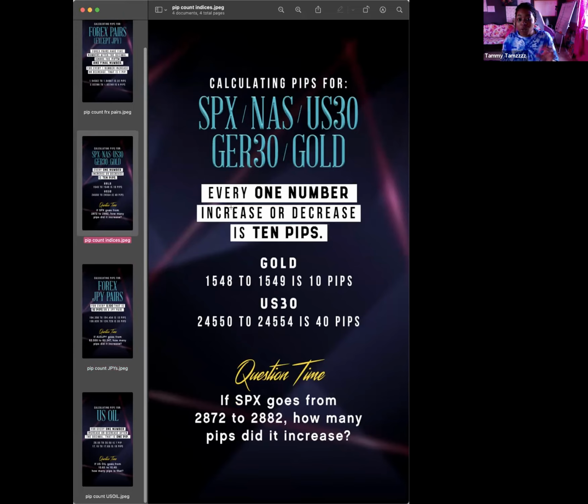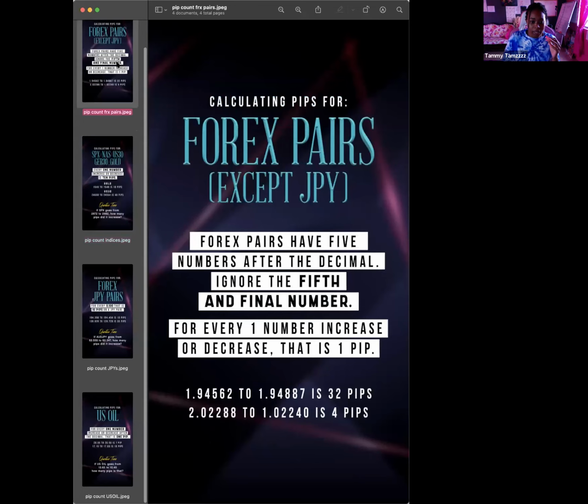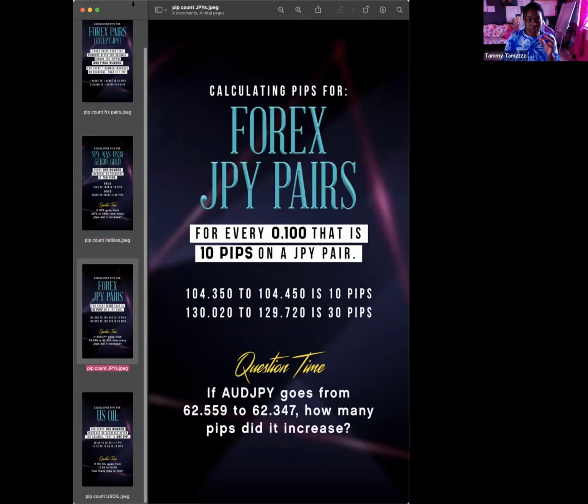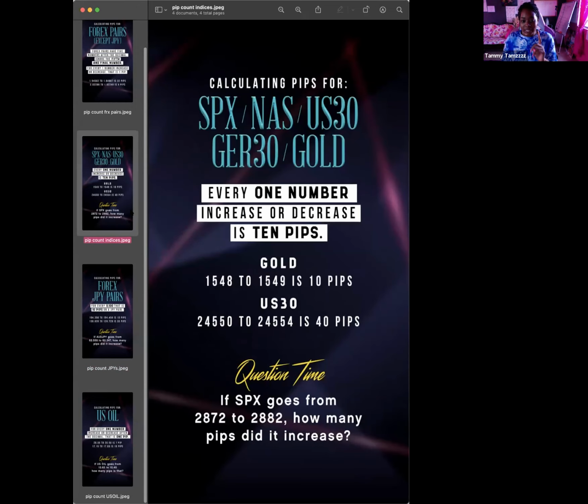For JPY, every 100 was 10. For these indices and gold, every one number that goes up is 10 pips. So if we go from 1548 to 1550, that's 20 pips.